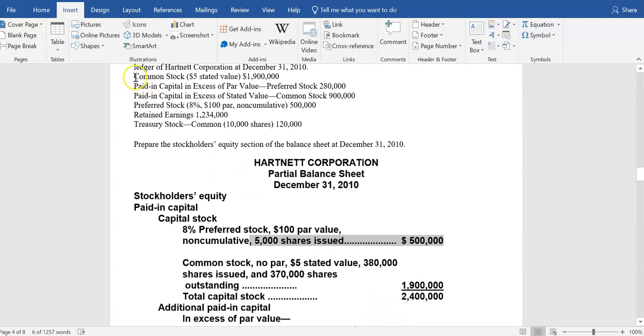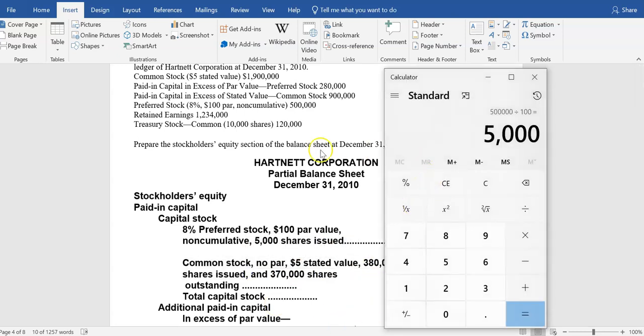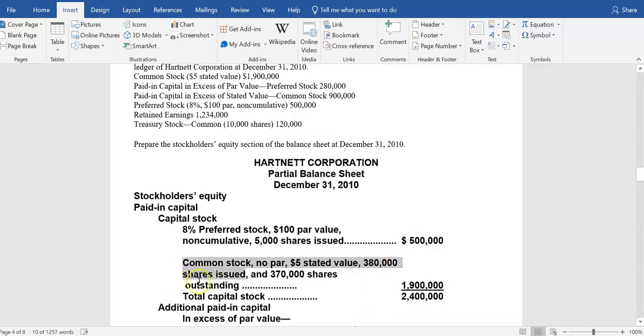Then I have common stock, $5 stated value with a balance of 1.9 million. Here is common stock with no par but a $5 stated value. How do I know 380,000 shares have been issued? By taking the total balance in the common stock account and dividing by the stated value. 380,000 shares must have been issued.